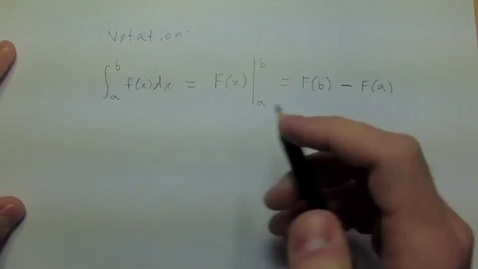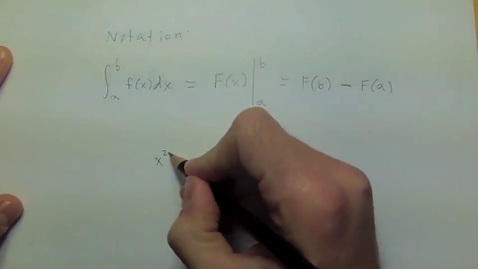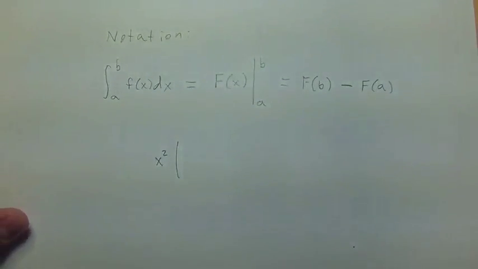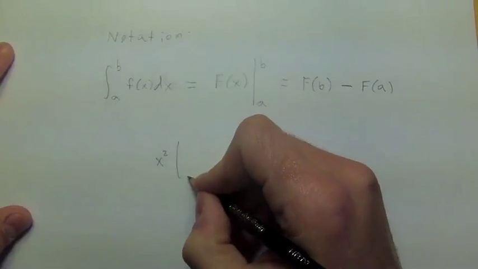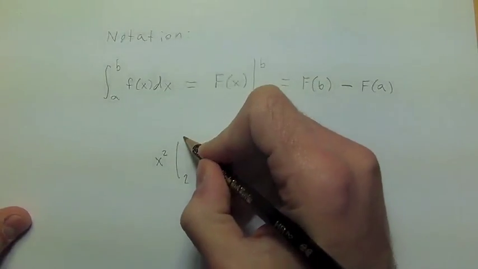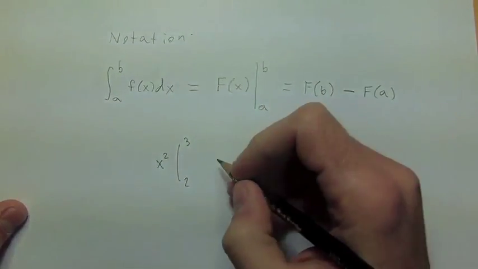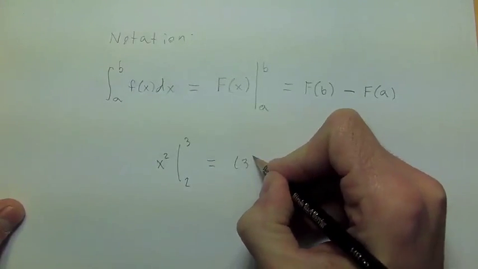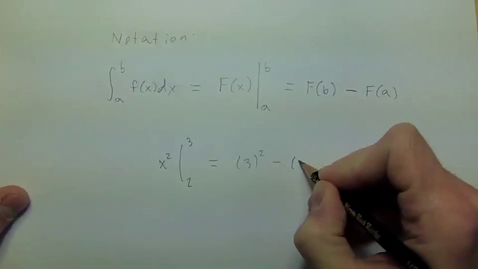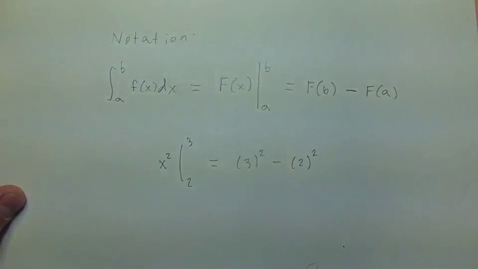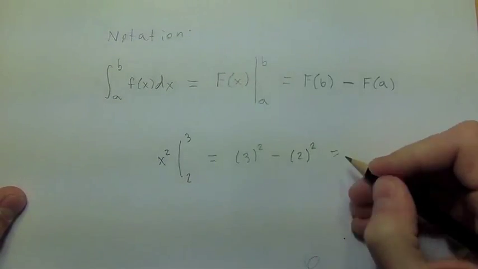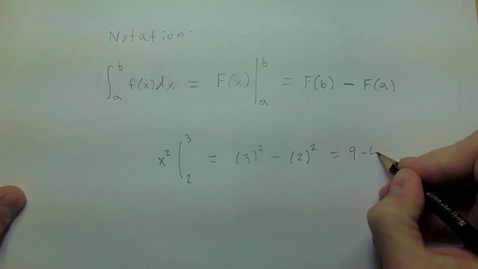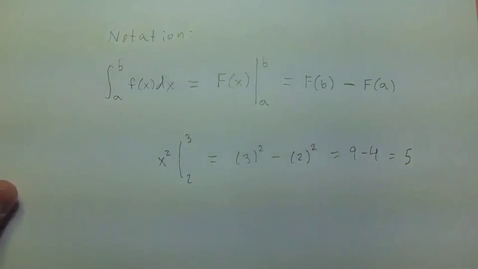So if I were just to tell you, let's do x squared with bar 2 and 3, this would be 3 squared minus 2 squared. So that would end up being 9 minus 4, which is 5.